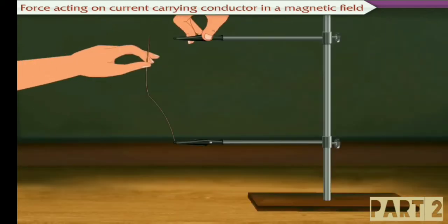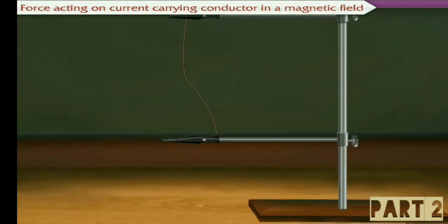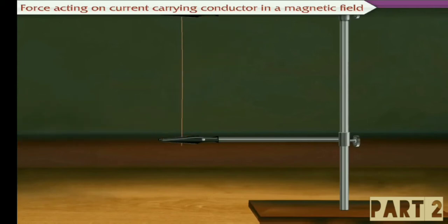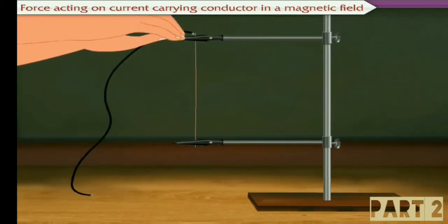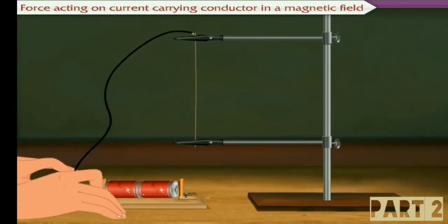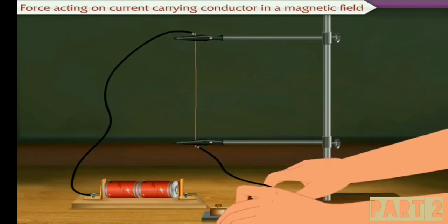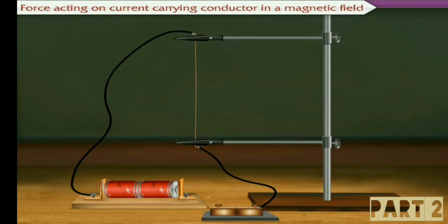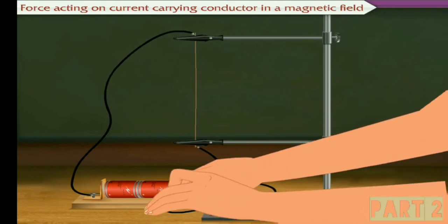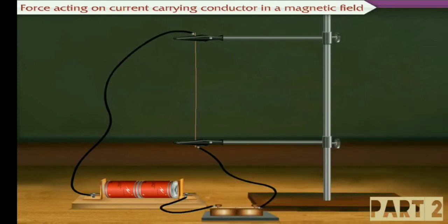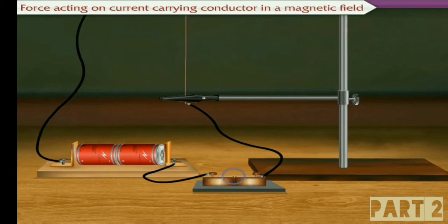First, we shall fix the thin flexible copper wire using a stand. Now connect the upper end of the wire to the battery. Connect the lower end of the copper wire to one end of the plug key. Then we shall connect the battery to the other end of the plug key. Always remember to keep the key open while making connections between apparatus.